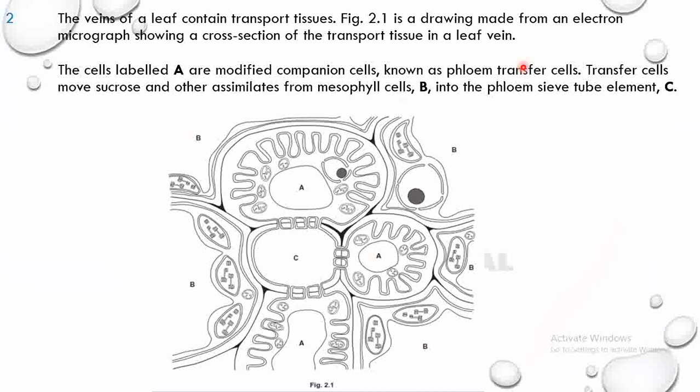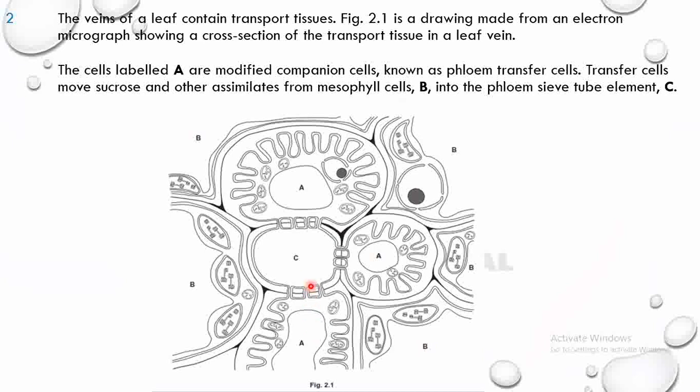But what adaptation does it have? You can see it has plasmodesmata. Why does it have plasmodesmata? Plasmodesmata allow the loading of sucrose from the companion cell into the sieve tube.